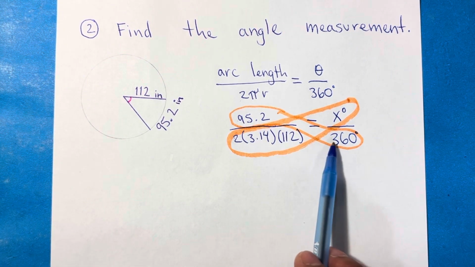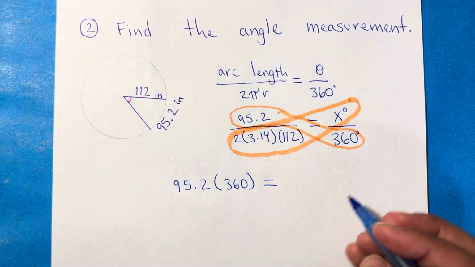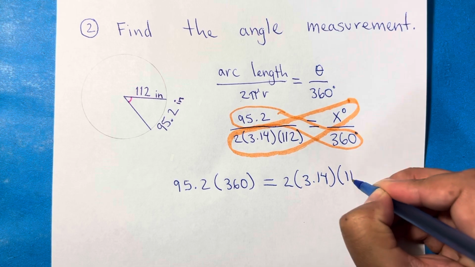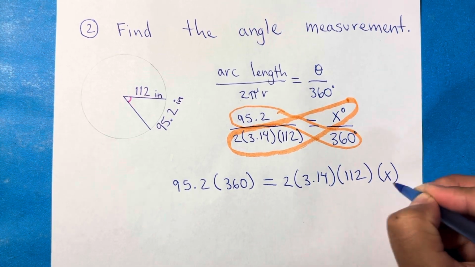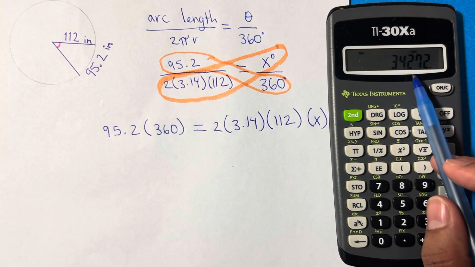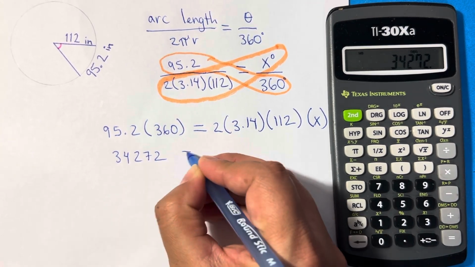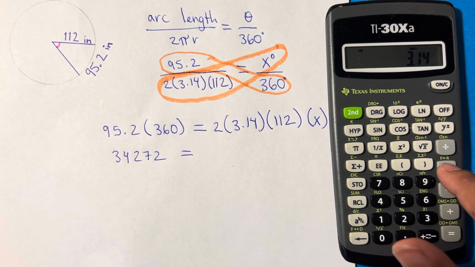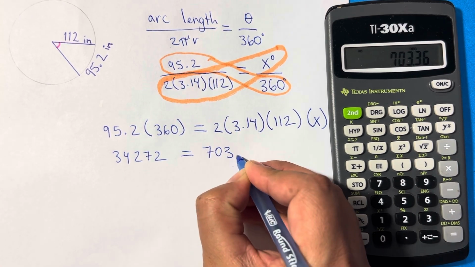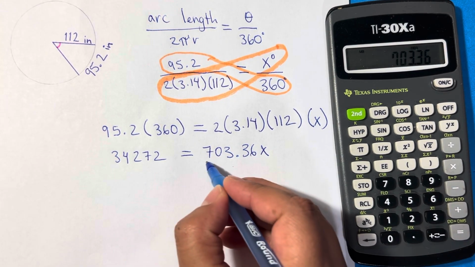So 95.2 times 360 equals, and then I multiply whatever is in the other wing, so it's 2 times 3.14 times 112 times x. 95.2 times 360 is 34,272 equals 2 times 3.14 times 112, which is 703.36x. Finally, if we're multiplying, the opposite of multiplication is division.